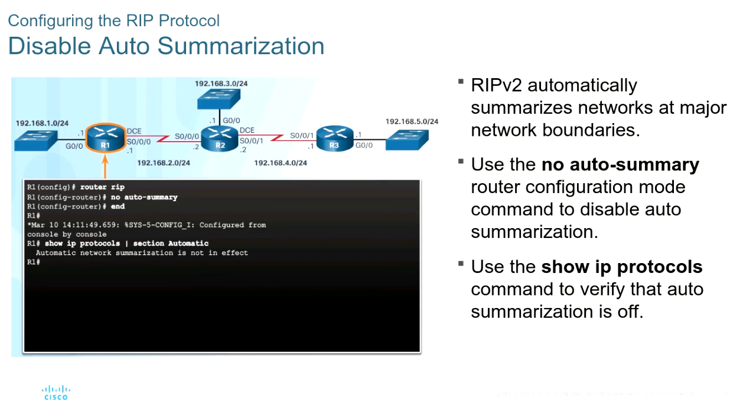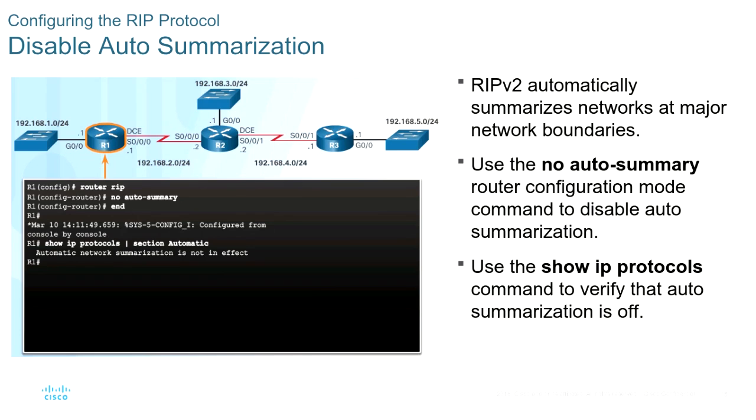Auto summarization is a feature that's built into the original RIP that cannot be disabled and can cause a problem when people split their networks and use their IP addressing in unwise ways. It can lead to a situation in which pings work half the time. In RIP version 2, auto summarization is on by default, but you can use the no auto-summary command.